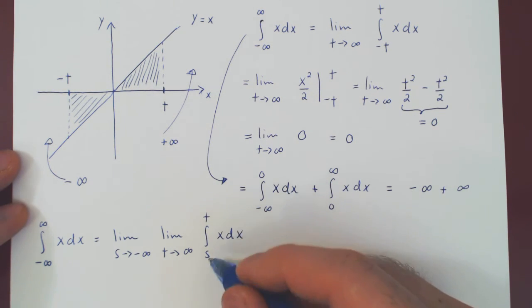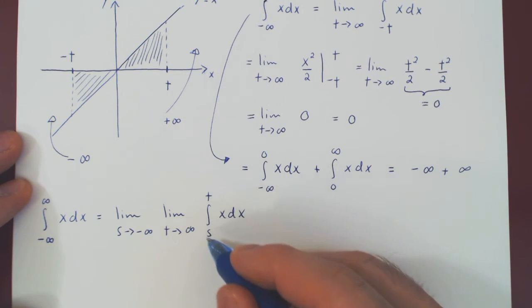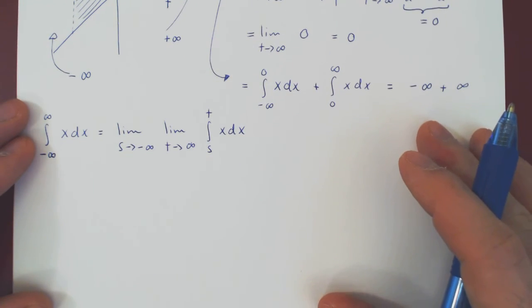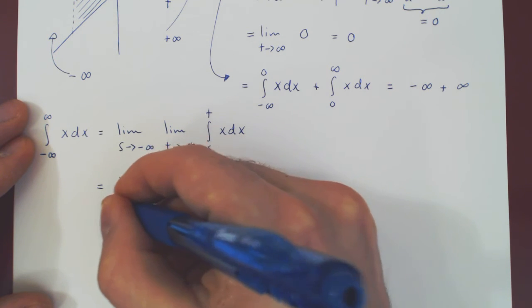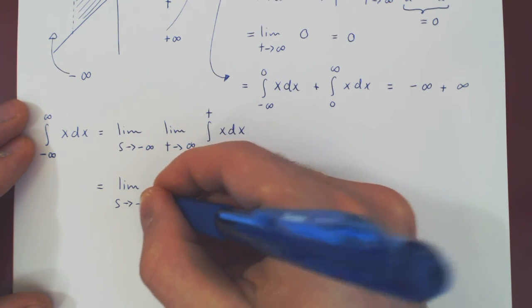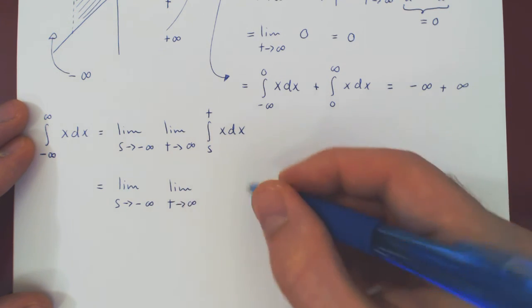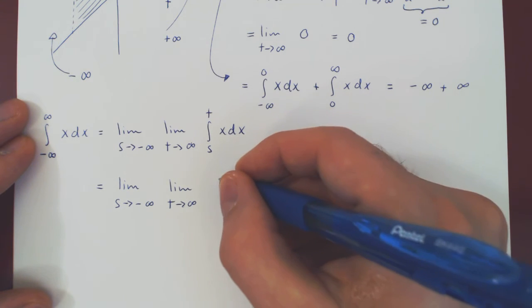Again, as both s and t are fixed constants, and the function is continuous, we can use the fundamental theorem of calculus here. We'll have x squared over 2. Apply that at t will give us t squared over 2.